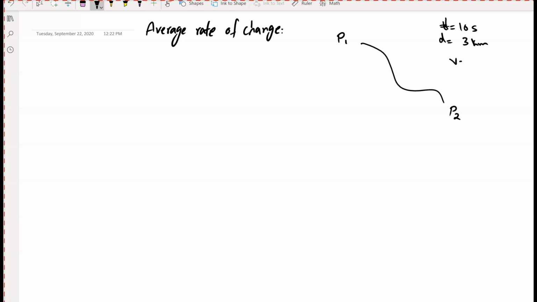By using the formula v equals d over t, you can calculate the velocity. Let's say your velocity is 2 kilometers per hour. Just giving you an example. Now while you are traveling from home to school, you are not moving with this velocity in the whole scenario.